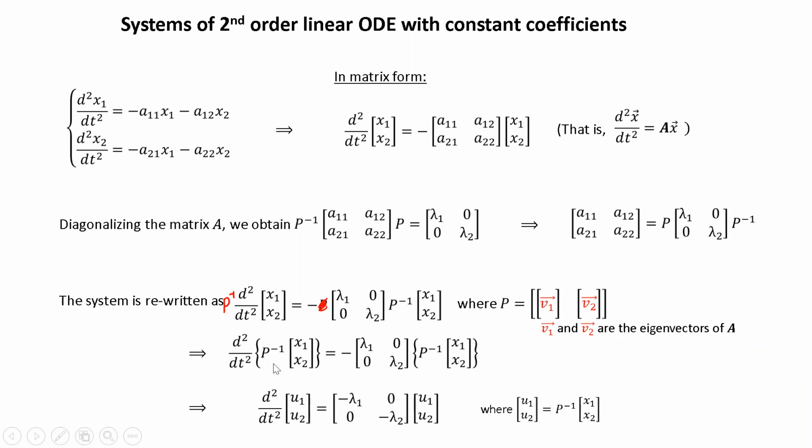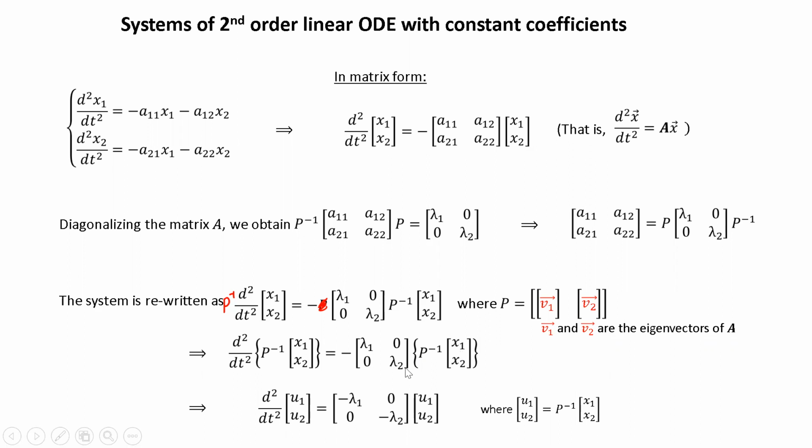Now pay attention to what I have on the left. I have the second order derivative of this whole thing, P inverse multiplied by this x1, x2. And on the right-hand side, I have this diagonal matrix, and then I also have this P inverse x1, x2.